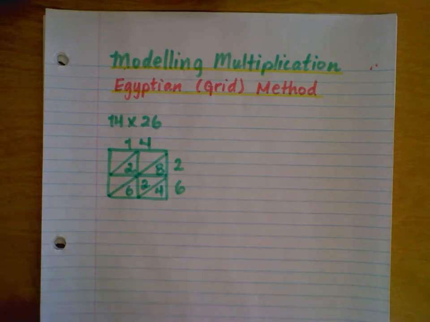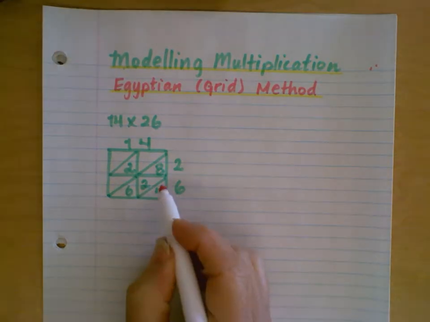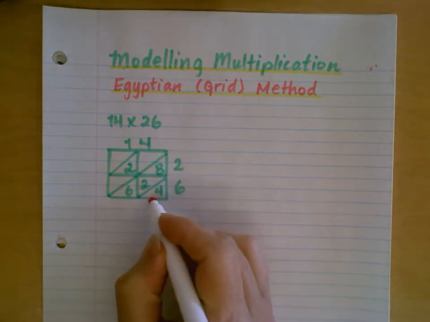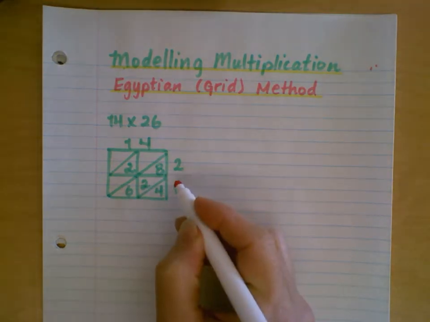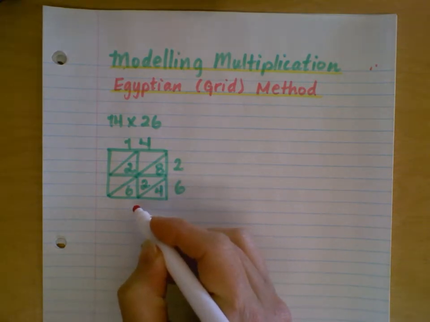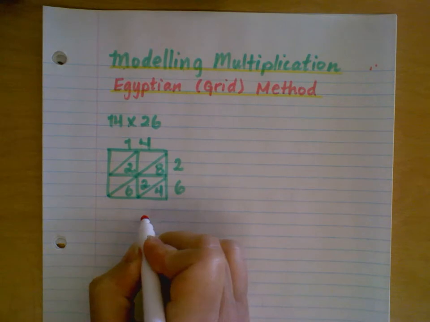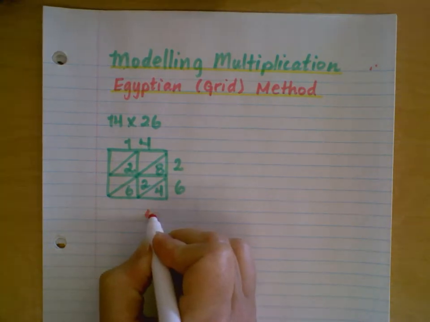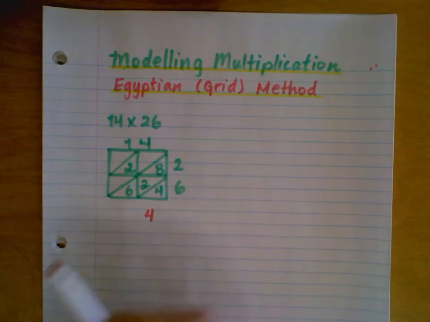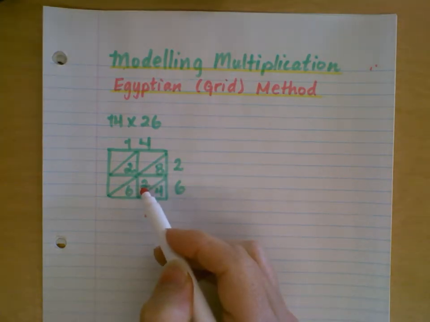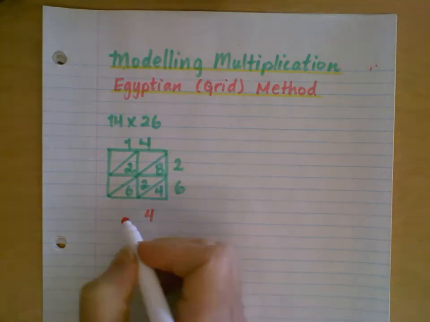At this point, the addition that happens to figure out what the different numbers are in the different positions is a diagonal move. So I'm going to go diagonally down from the right to the left, following those lines that I just drew. So in my ones place, I have 4. That carries right down. In my tens place, I have 8 plus 2 is 10 plus 6 is 16.